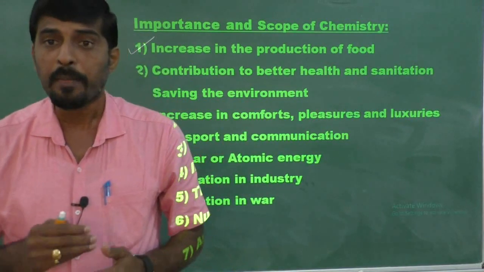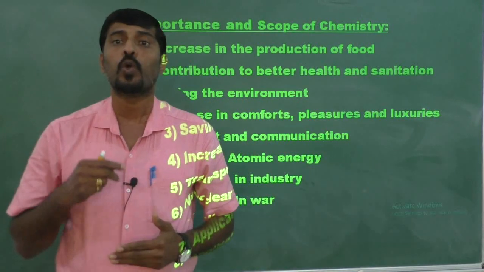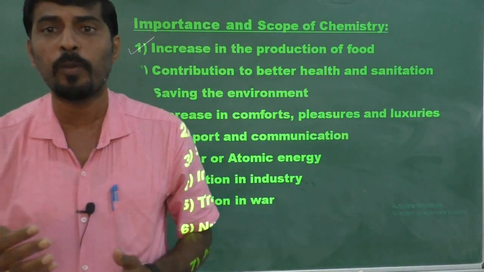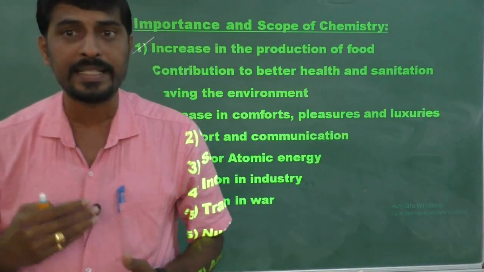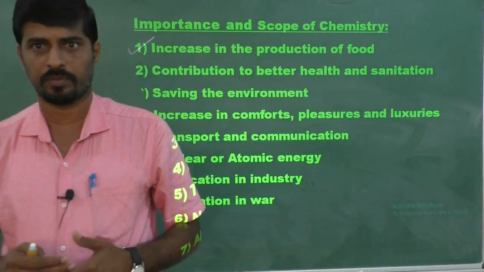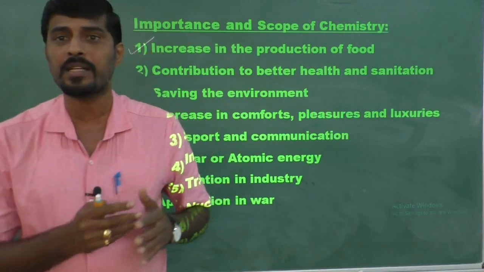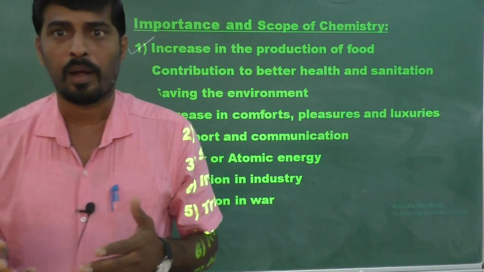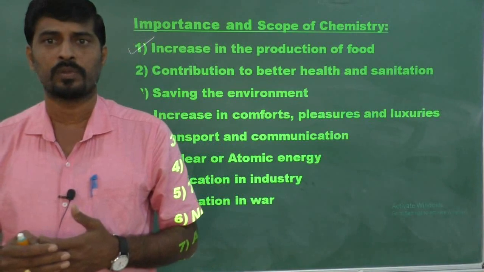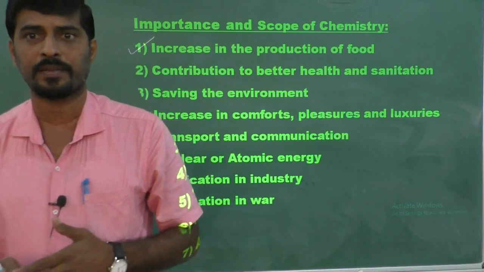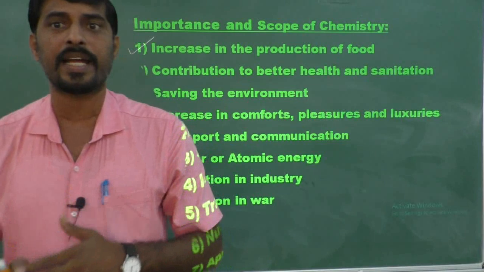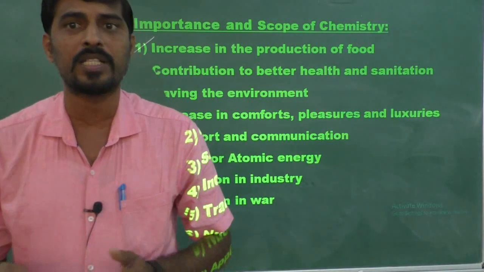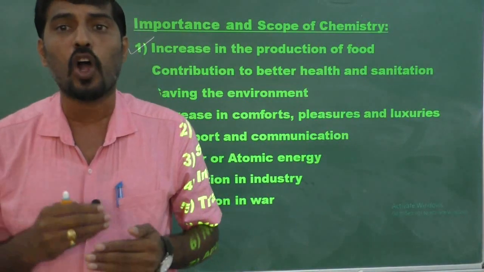Next, chemistry helps us to protect the crop from harmful bacteria, insects and herbs. In order to kill these harmful organisms, some chemicals are used, that is pesticides, insecticides, herbicides. By using these chemicals, we can protect the crop.